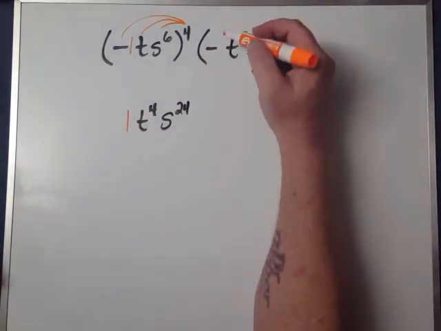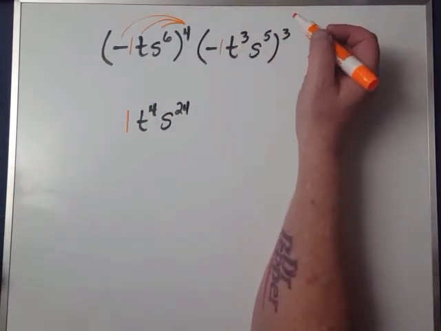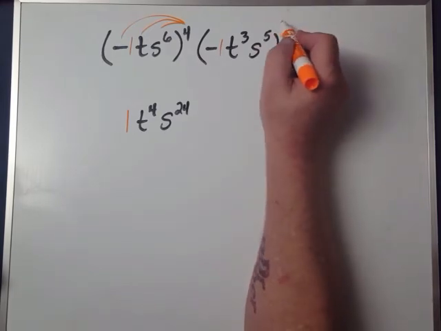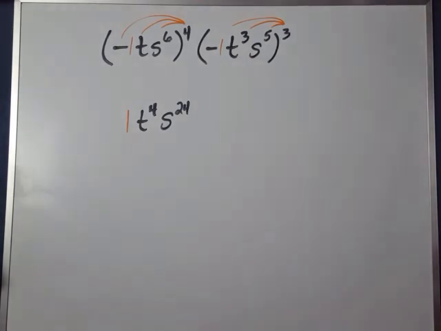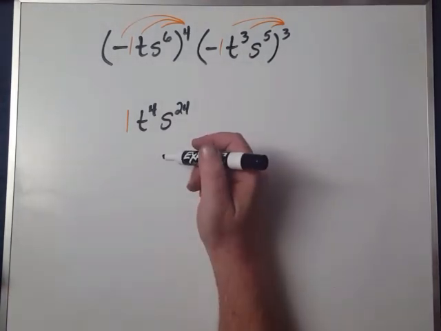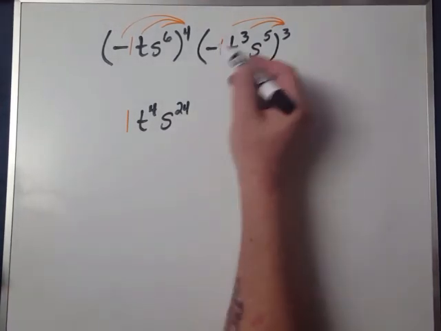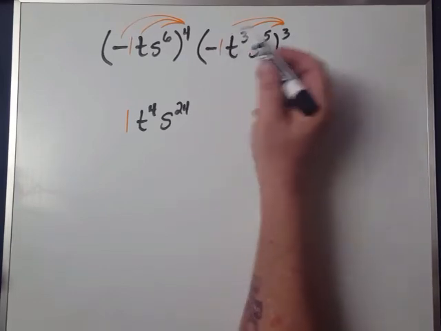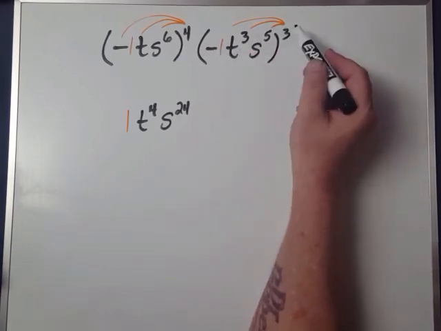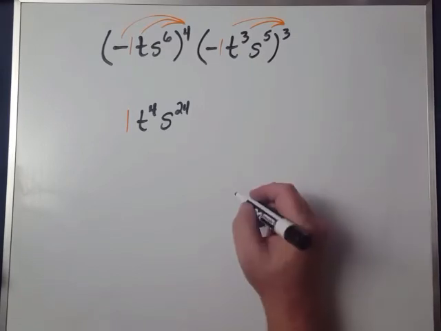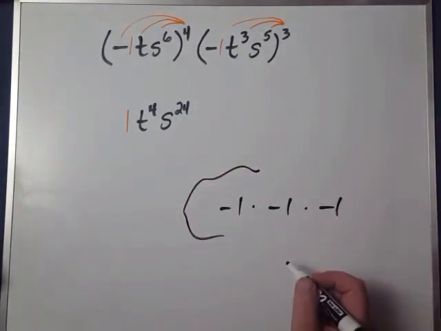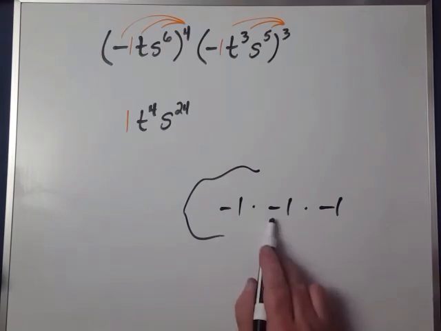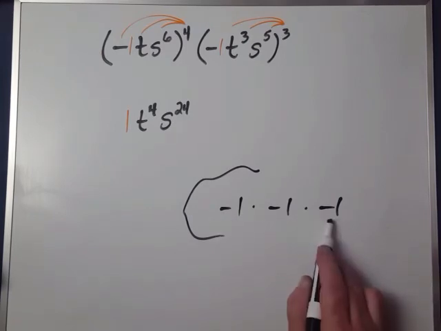Now, thinking of a -1 sitting out front here, I'm going to distribute that power on the outside to each of these 3 factors. -1, the whole thing, a negative cubed, a negative to an odd power. -1 times -1 times -1. Every pair of negatives makes a positive. I've got 1 left over.